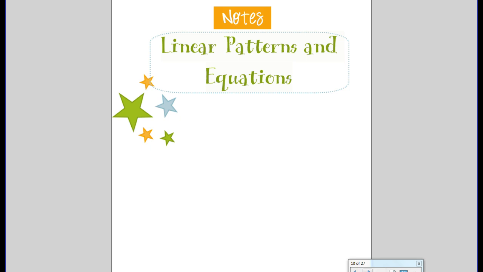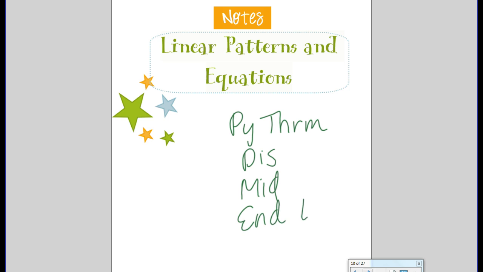So tomorrow, just FYI, your quiz is over Pythagorean theorem, distance, midpoint, and endpoint, which is leapfrog, okay? That's what your quiz is over tomorrow. First grade of the 6 weeks tomorrow. All right, nth term linear, here we go.